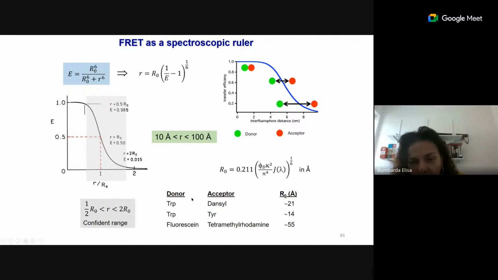So that means that if we use this donor-acceptor pair, we can measure distances between 10 and 14 angstrom, practically. In case we need to measure larger distances, then we have to use another FRET pair, for example, fluorescein and tetramethylrhodamine.